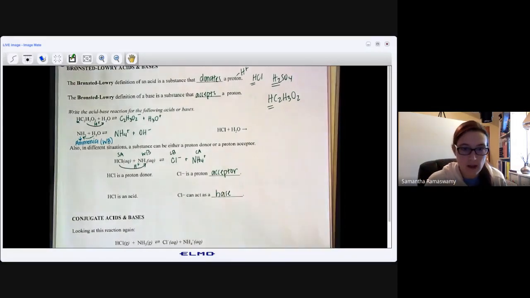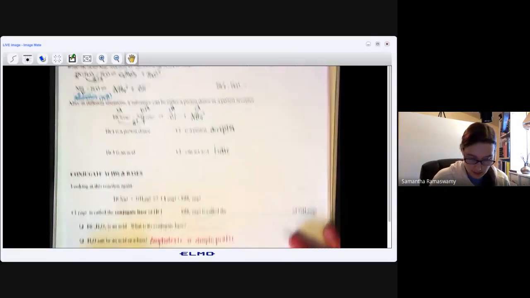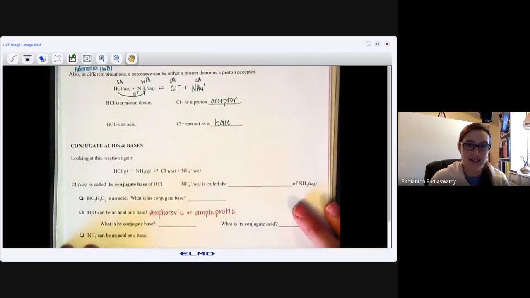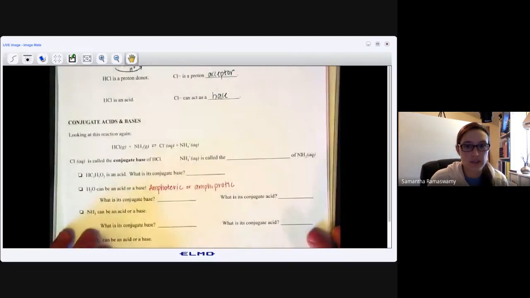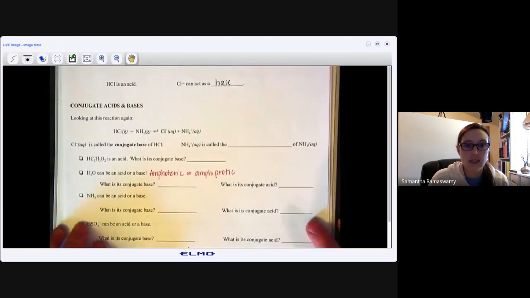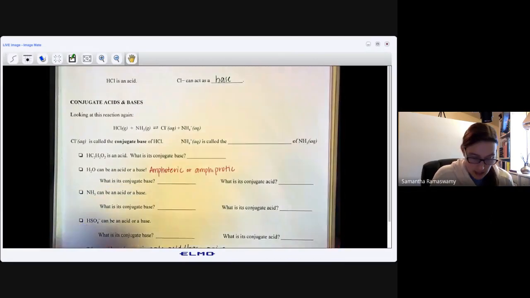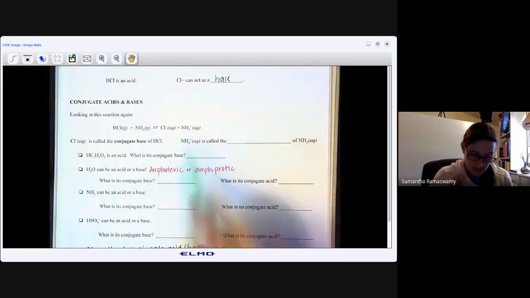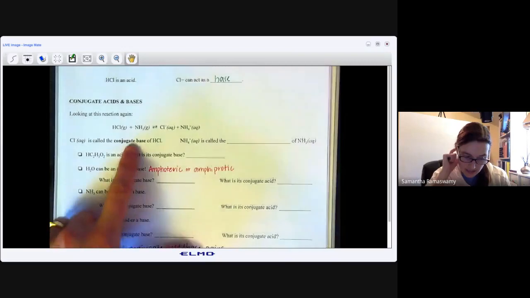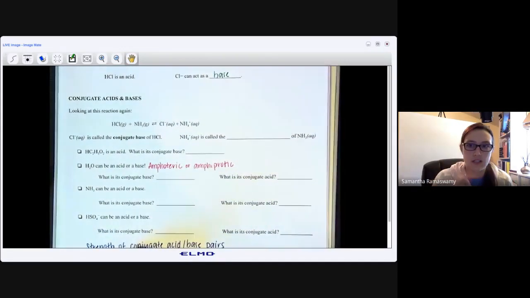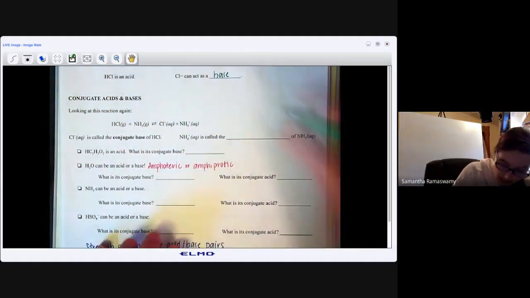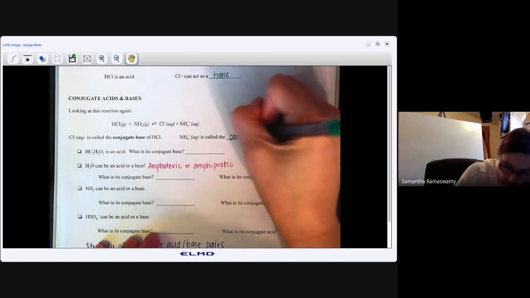Now, taking this a step further with conjugate acids and bases. It's been a while since we've talked about these. Here it gives us this reaction again. Cl minus is called the conjugate base, and NH4 plus, we said, is the conjugate acid.